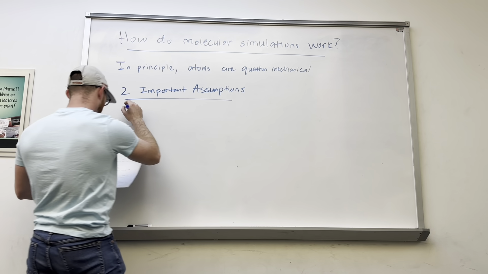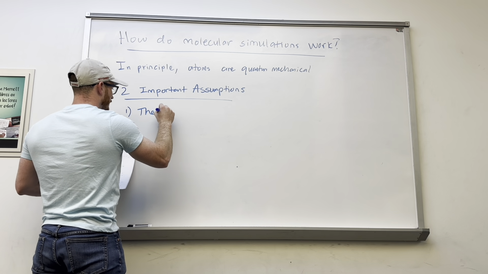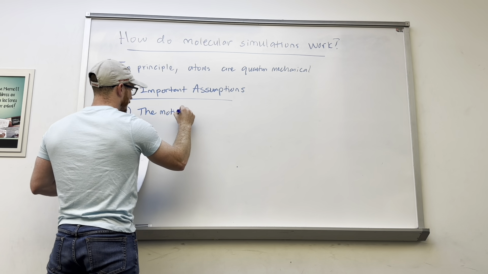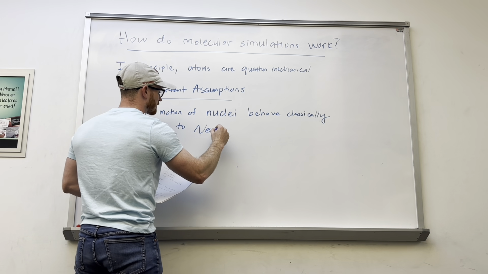The first one is that the motion of the atomic nuclei behaves classically, according to Newton's equation of motion.